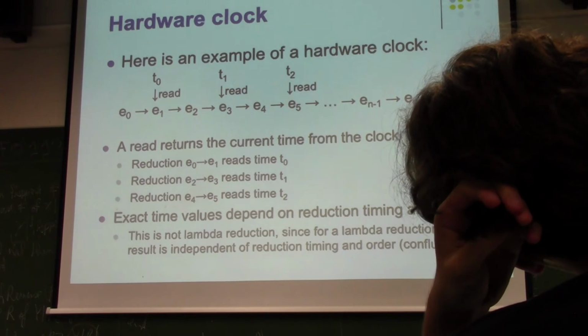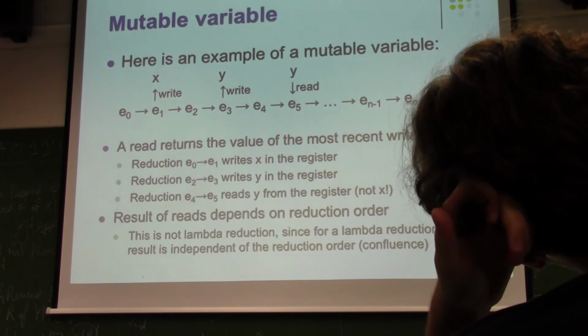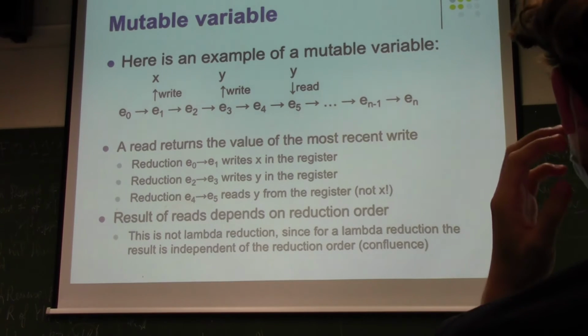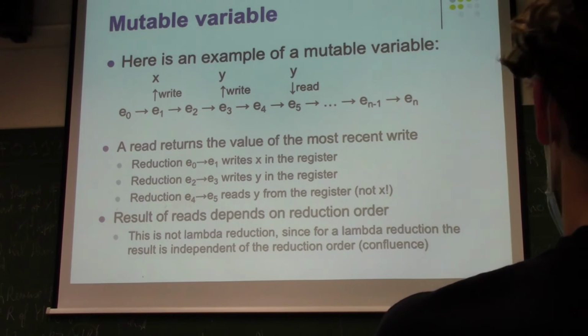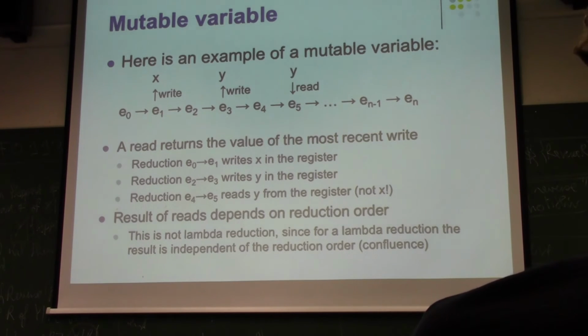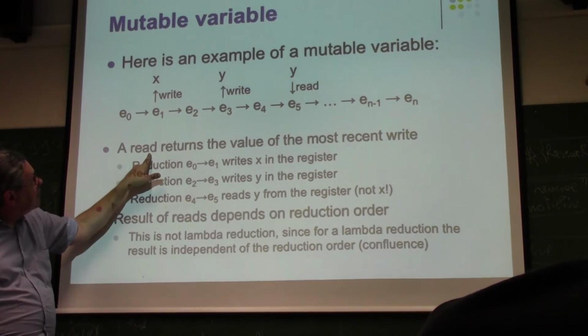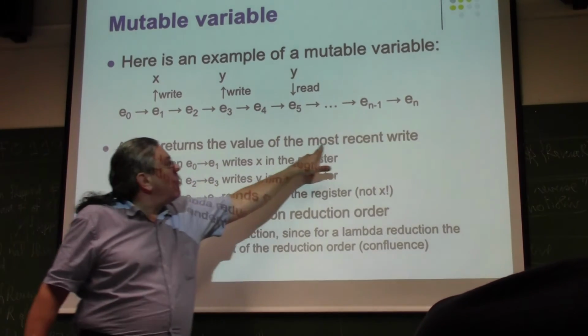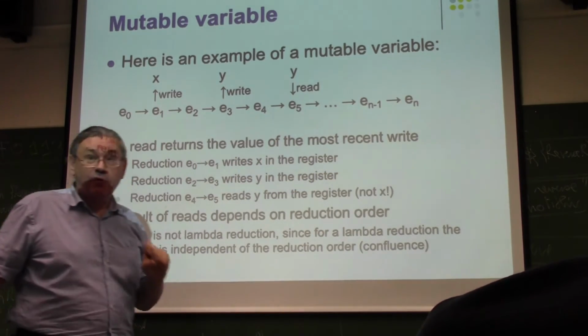But we can do more things. Here's the mutable variable case. This is a slightly different kind of interaction. I'm writing into a register, or I'm reading. So assume I have one register. Okay? You can have many variables. In this case, there's only one register, like one variable, and you can write and read. The read will return the value of the most recent write, of course.